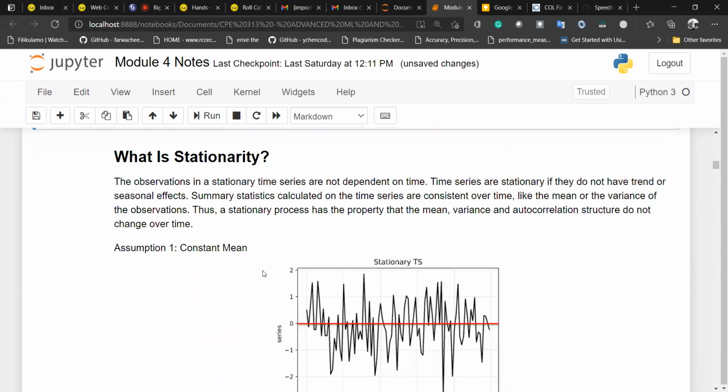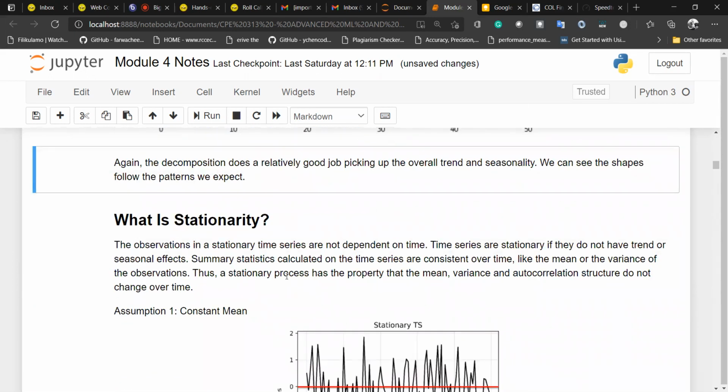Now, let's try to understand stationarity. So what is stationarity? The observations in a stationary time series are not dependent on time. Time series are stationary if they do not have trend or seasonal effects. So how can we say that there is stationarity? When there is no trend.